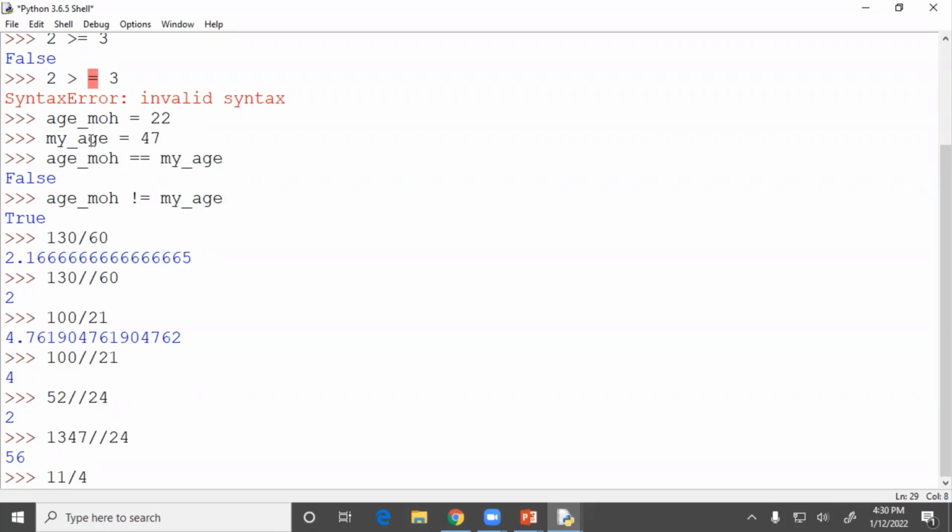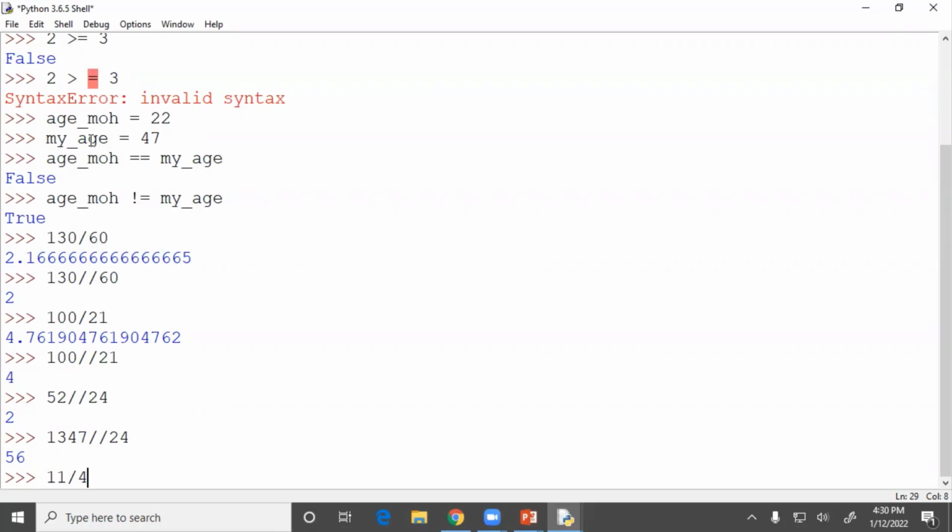Forget about this class. If I ask you 11 divided by 4, you will say it's 2, because 2 times 4 gives me 8. But if I say 3, 3 times 4 gives me 12, which is greater than 11. With 2 times 4 equal to 8, what is the remainder? 11 minus 8 is 3, which is less than 4.